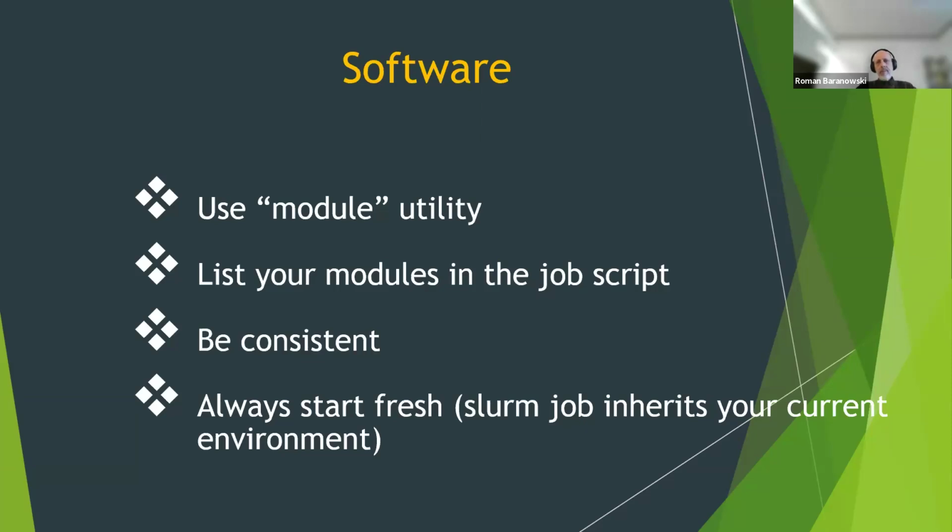So it can lead to some kind of issues with your code. That's why I am suggesting all the users to list the modules which they are using in the job script. So it will give us the ability to diagnose and more easily find the problem when there are some issues.